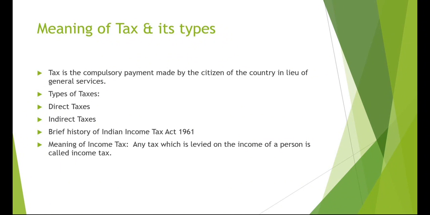All these are the various types of taxes that are paid by the people. Here the burden of payment of the tax is shifted to another person. In this subject, we are going to concentrate only on direct tax, and that too income tax only. We are not going to discuss the other forms of direct taxes here.